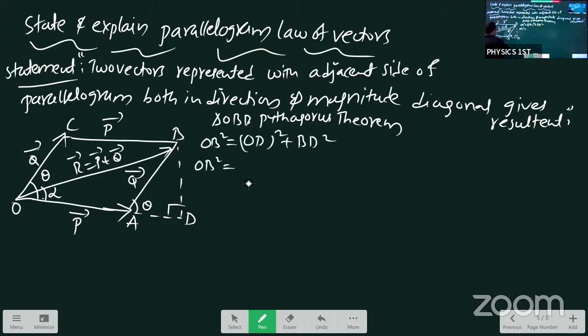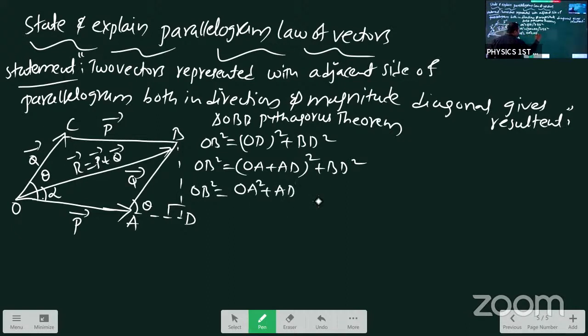OB square equals OD, which is OA plus AD, whole square, plus BD square. OD square, A plus B whole square, A square plus B square plus 2AB. Equation 1 over.